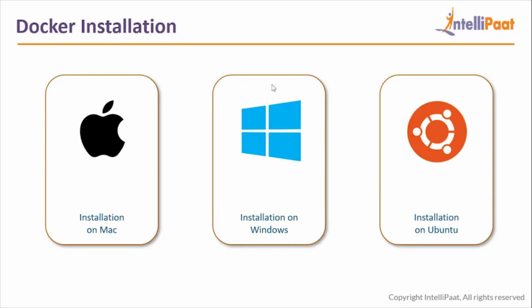You could have an Apple or a Mac system that you're working on, you could have a Windows system, and you could have a Linux distribution. So let me walk you through all three domains in installation, so that we are on the same page once we come out of installations and when we are doing hands-on. I hope you all will be able to go along with the video as we are performing the hands-on.